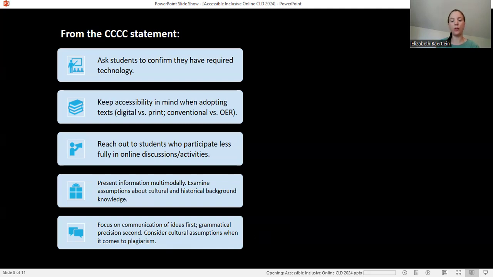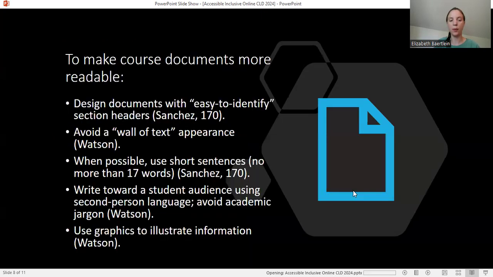So if you do notice somebody who comes from a different cultural background plagiarizing, again, rather than coming at that with judgment, being curious, asking questions, trying to figure out what's going on, what their past education experiences were, and explaining to them and helping them learn what the expectations are here in the American education system, so that they can learn those. And that's really what it's about: learning how to effectively participate in this system.